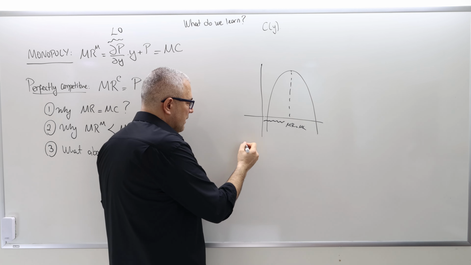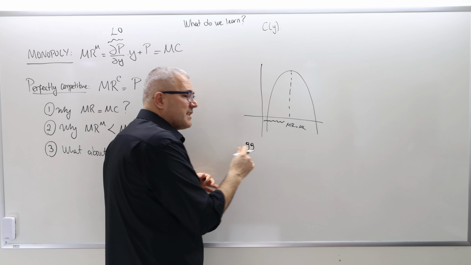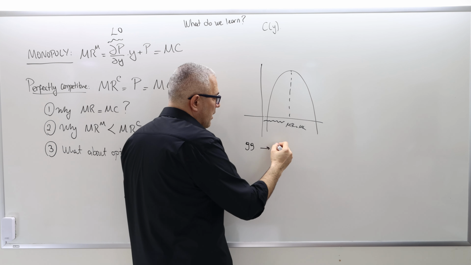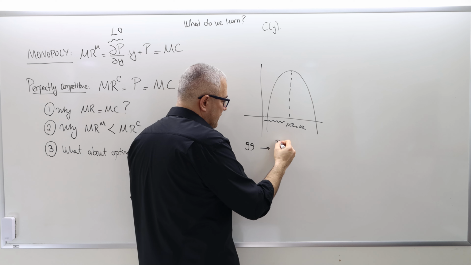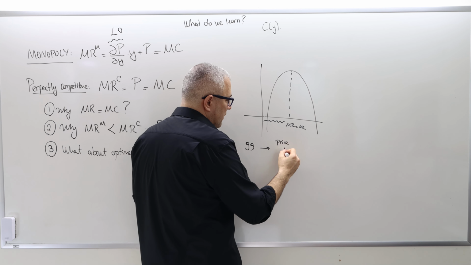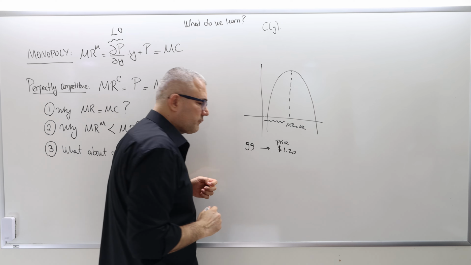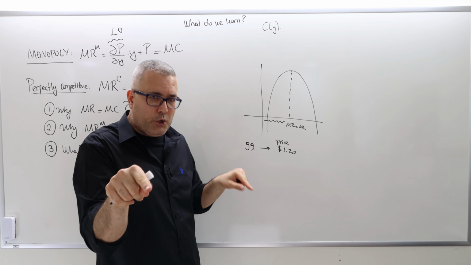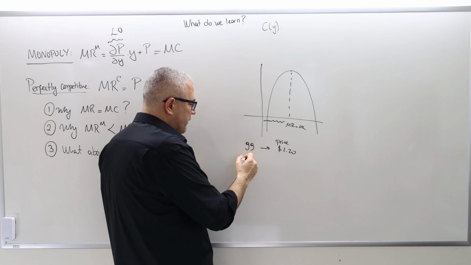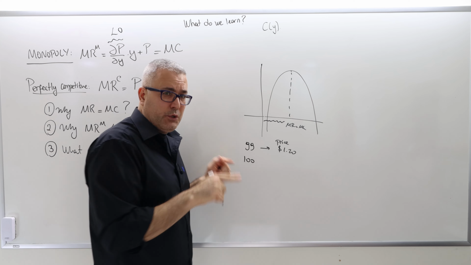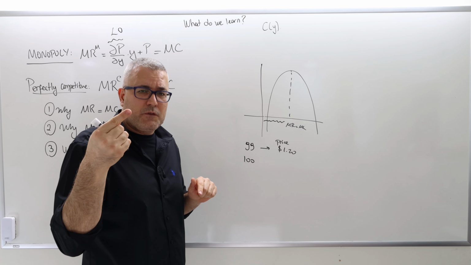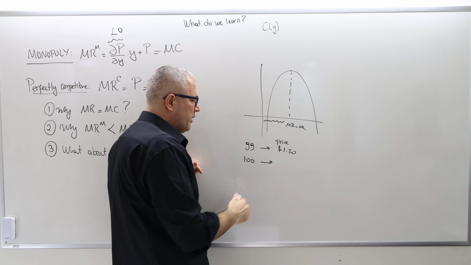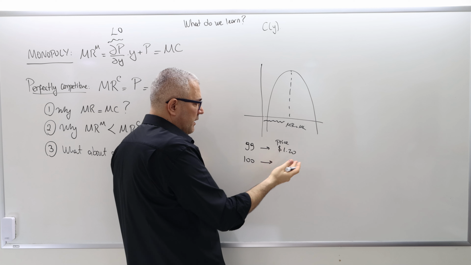So if I already sell 99 markers, let's say the price is $1.20 per marker. However, if I want to sell 100 units instead, so I just increase the number of sales by 1 unit, because it's a downward sloping demand curve, the price has got to be lower than this.